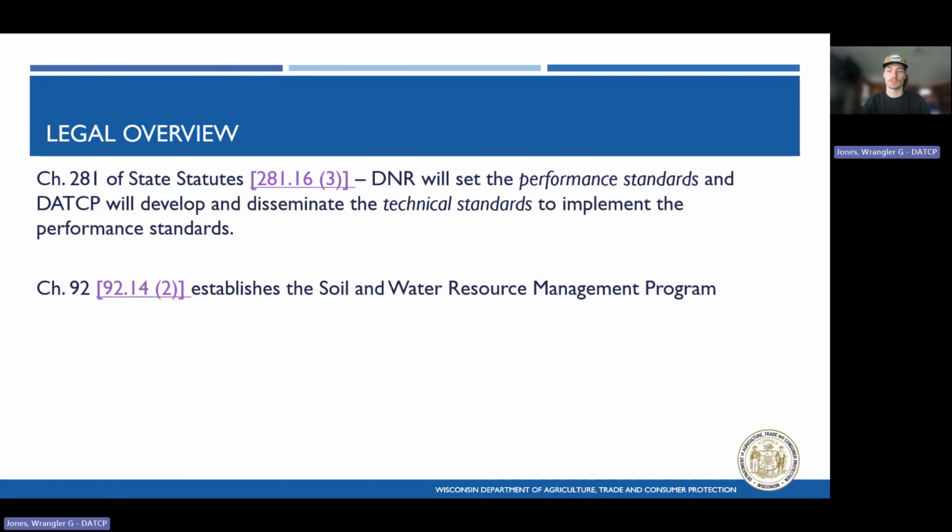DATCP must also establish soil conservation and farm nutrient management requirements. And so this subchapter spells out a single set of farm conservation practices that incorporates DNR performance standards by reference. And counties play a major role in implementing these conservation practices on farms. That's in subchapter 3 of this chapter. And then conservation requirements are contingent on cost sharing.